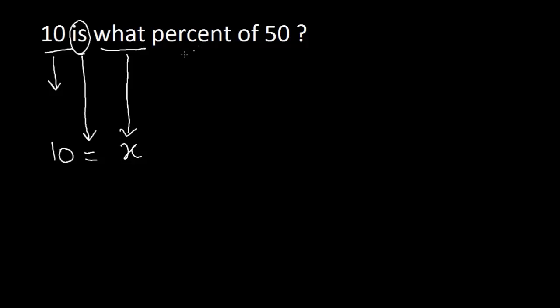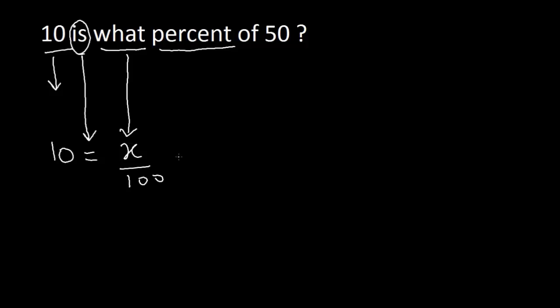Right. So 10 is what percent? Percent is always equal to 1 by 100. So whenever you see percent, you divide the previous term by 100. So we have 10 is x percent. So x, we write it as x by 100 of.